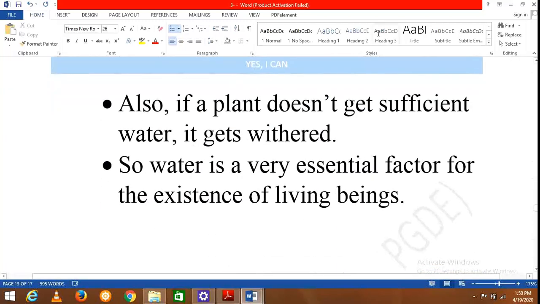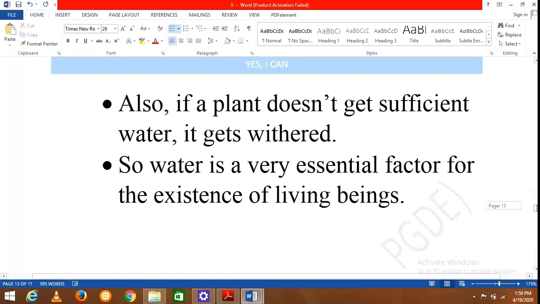Also, if a plant doesn't get sufficient water, it gets withered. You have seen during the dry season or during daytime when there is sunlight, more water is removed from the plant body, so especially the leaves become withered. So water is a very essential factor for the existence of living beings.